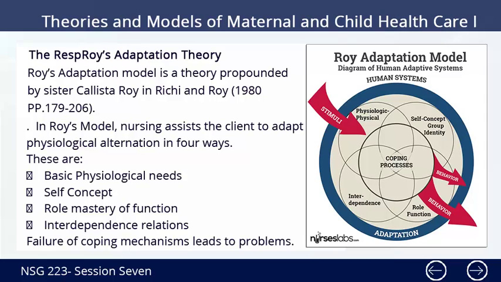In Rowe's model, nursing assists the client to adapt to physiological alteration in 4 ways. These are basic physiological needs, self-concept, role mastery or function, and interdependence relations. Failure of coping mechanisms leads to problems.